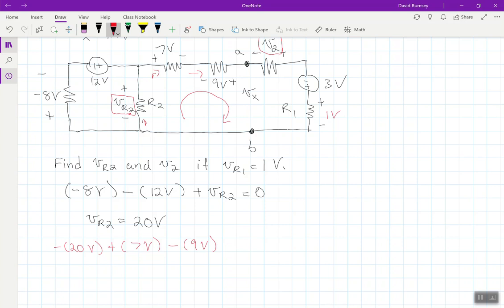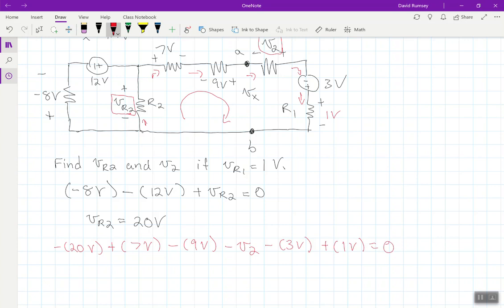And then I have the negative side, so this would be minus V2. Coming into the negative side again, so this would be minus 3 volts. And now I'm coming into the positive side, so that would be plus 1 volt. And this is all equal to 0.